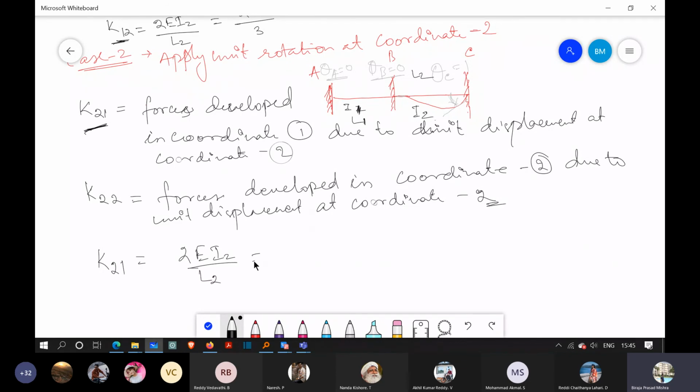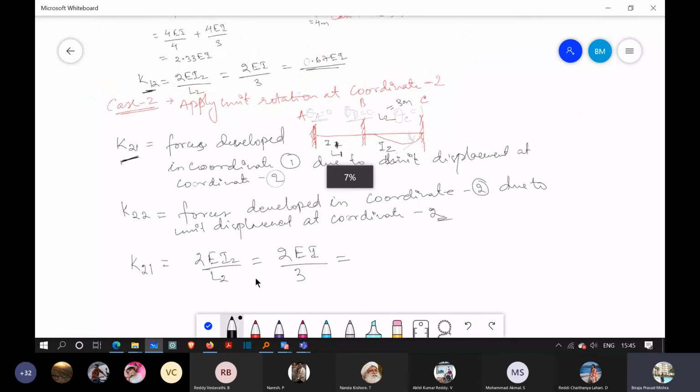L2 is 3 meters, it is given, so it is 2EI by 3. This is the same as that one, so it is 0.67 EI.